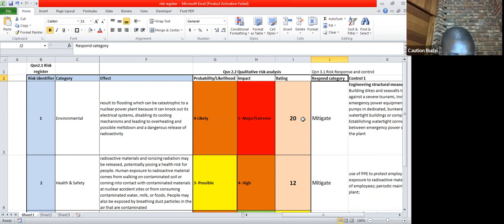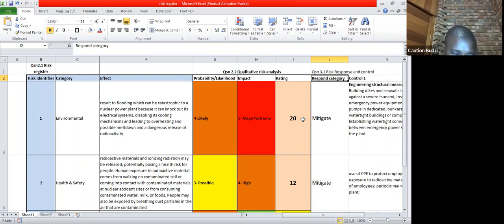On the second risk category, health and safety, the probability is between 25 and 50%.